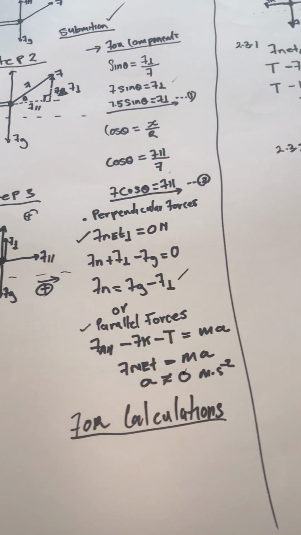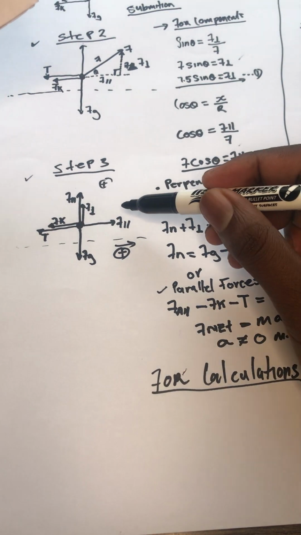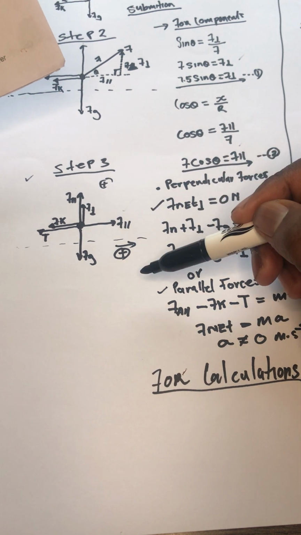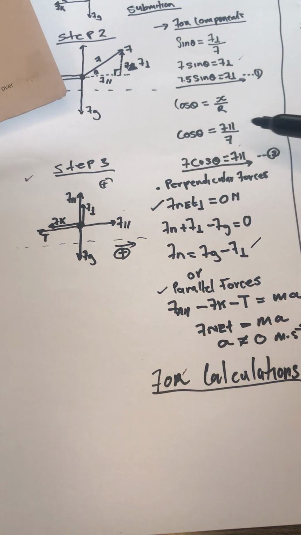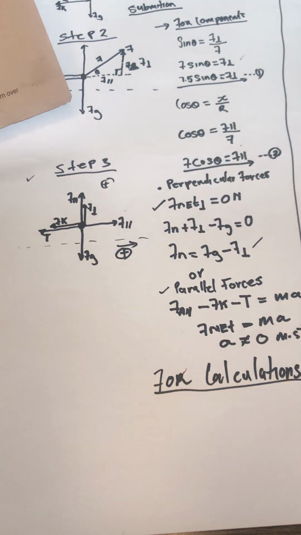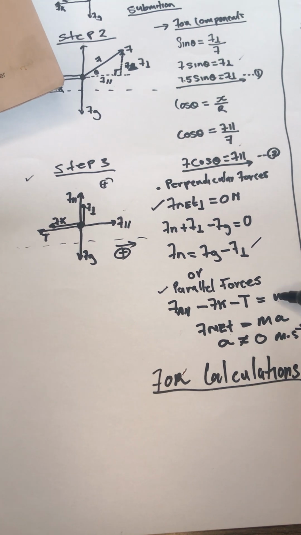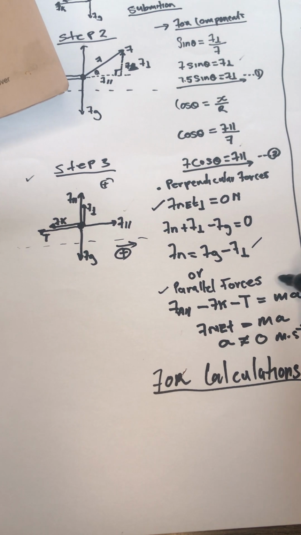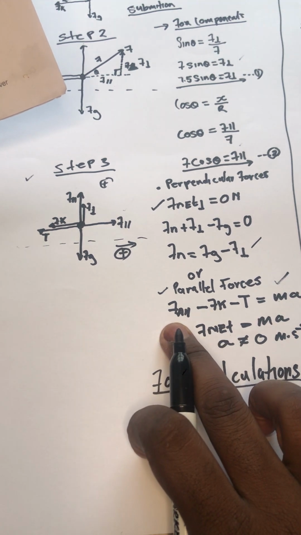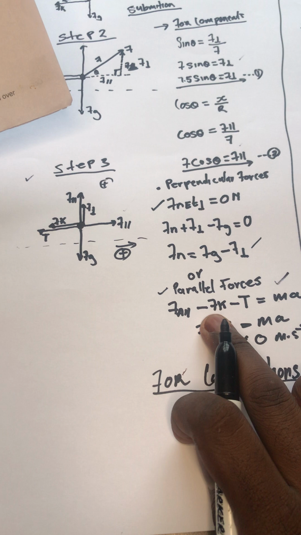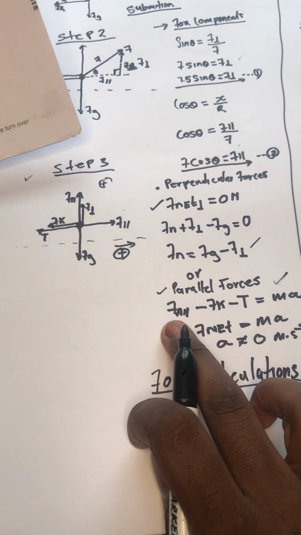What do we have with the calculation? We have F parallel acting horizontally. We have friction and we have tension. So F parallel minus frictional force minus tension, because the direction of motion is always positive.